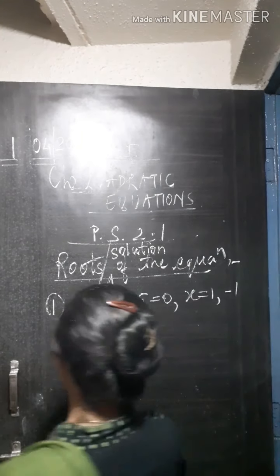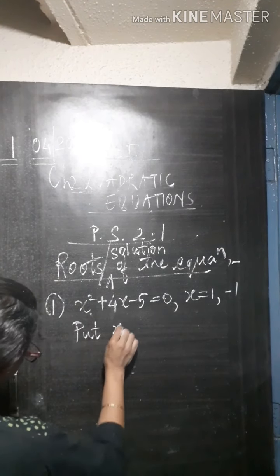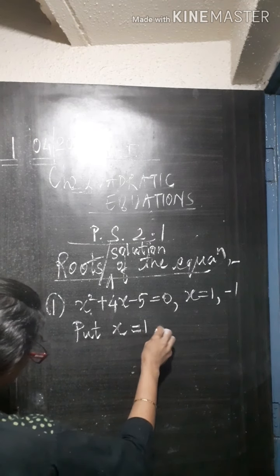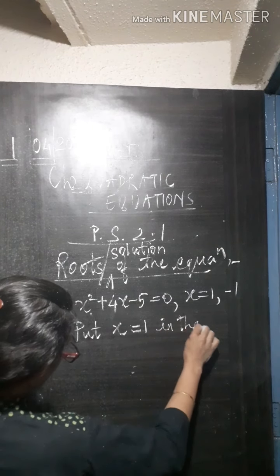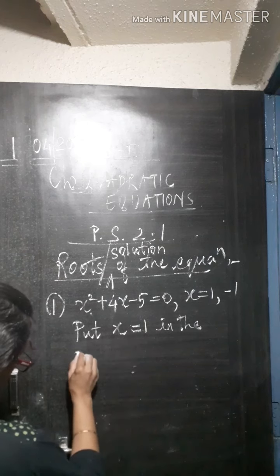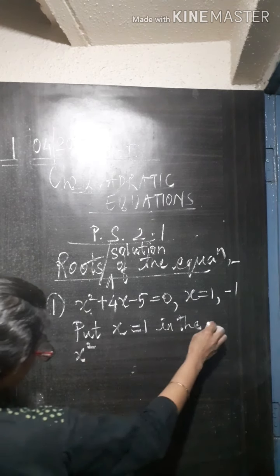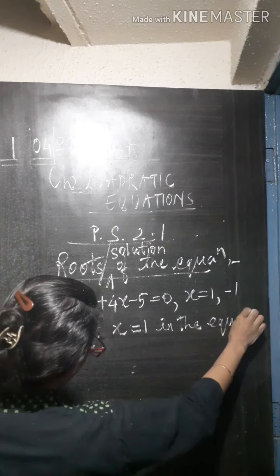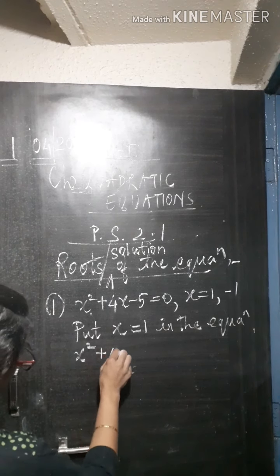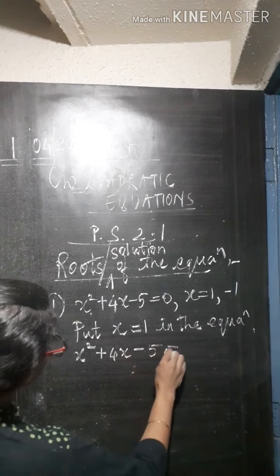So what we do is, we put x is equal to 1 in the equation x square plus 4x minus 5 equal to 0.